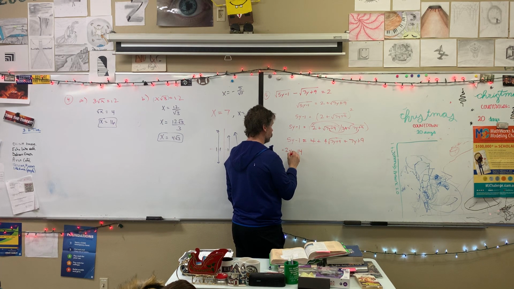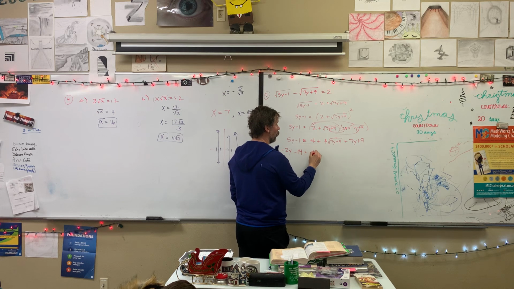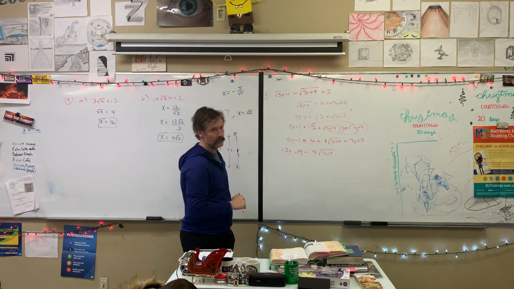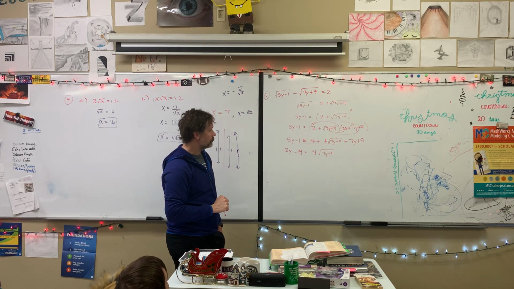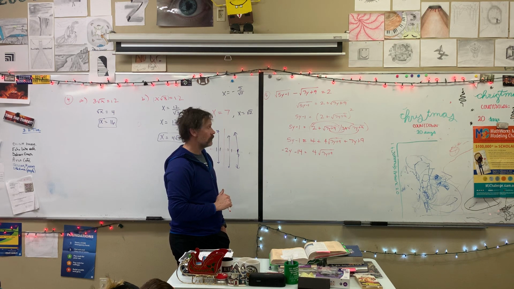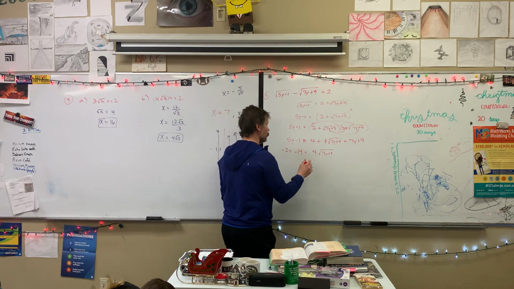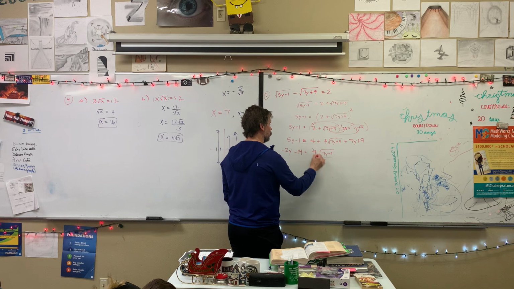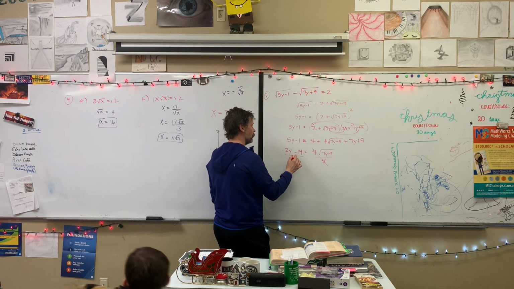Negative 2y is equal to 4 root 7y plus 9. Isolate the radical by dividing by 4. When you divide by 4, those are going to cancel. Divide this by 4, those are going to cancel.